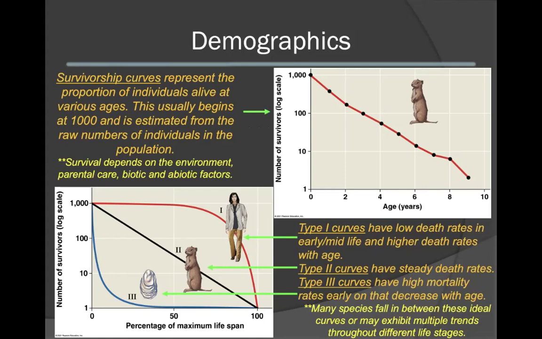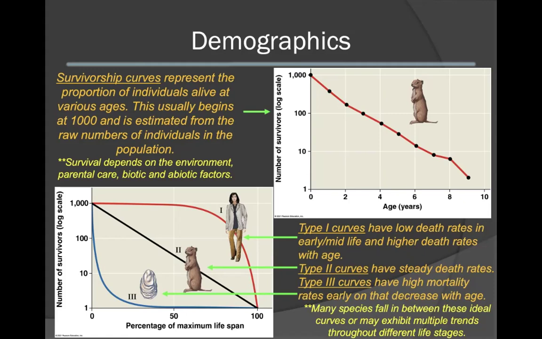Survival in general depends on factors such as environmental factors, whether there is parental care, and biotic and abiotic factors. Take a look at the diagram to the right to understand the survivorship curve of the ground squirrel. This was constructed from the data in the table in the previous slide.